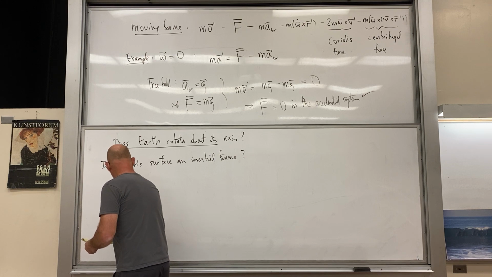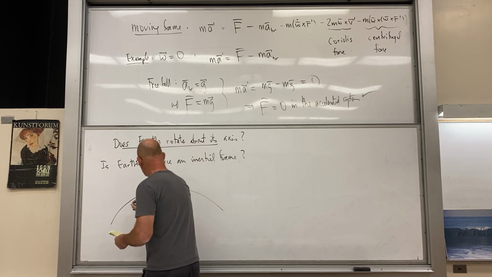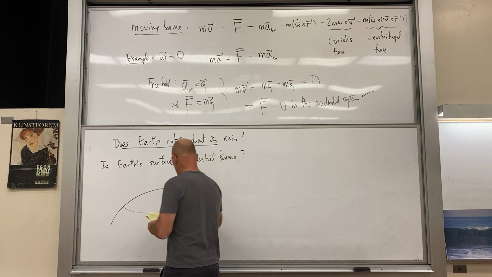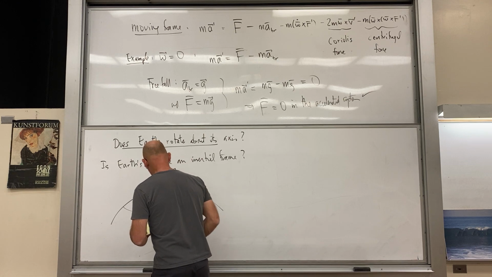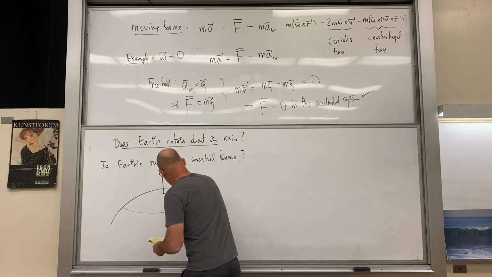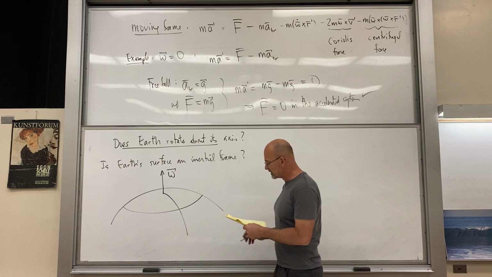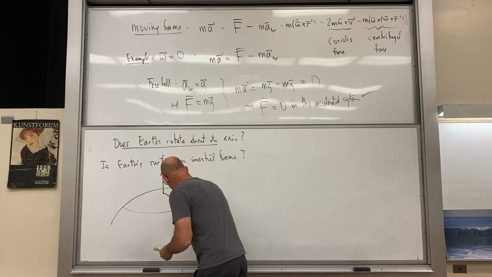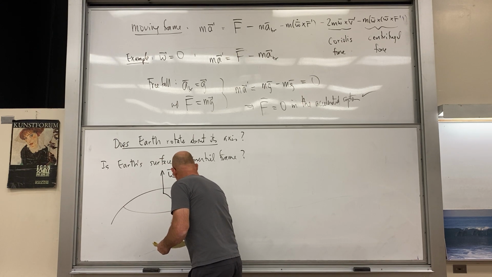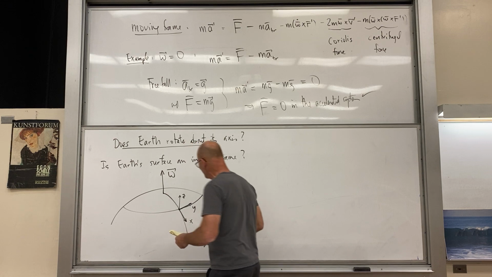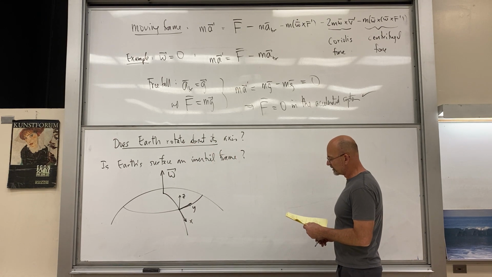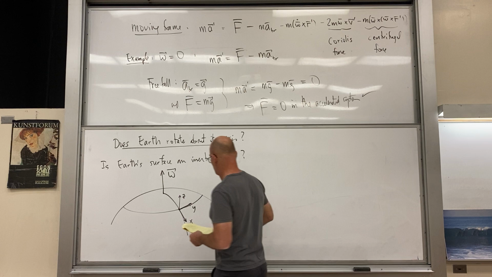So what we'll do is, imagine this is the North Pole. Earth is rotating about its axis, that's omega. And if we go out along a longitude, then at this point here, we have a body frame like so: X, Y, Z. I think we have some reasonable perspective there.